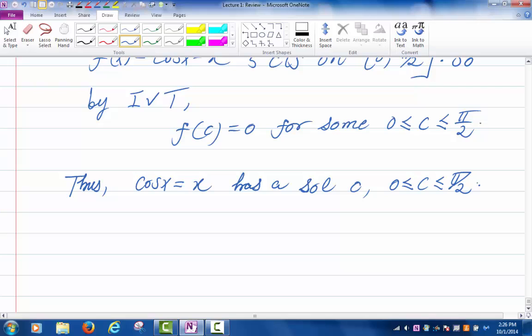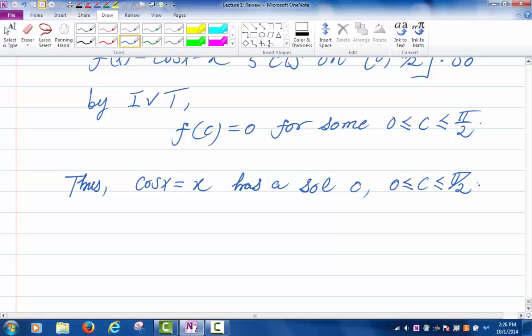If you think about the graph of the cosine function, the solution of this equation is the intersection of the graph of cosine and the graph of x, and the graph of x is a line, right? So graphically, it makes sense. The solution is between 0 and pi over 2.